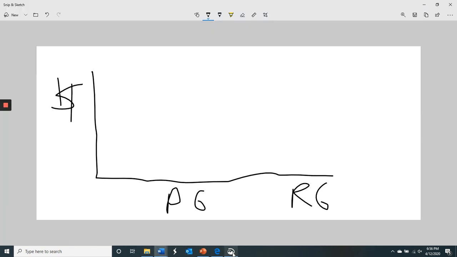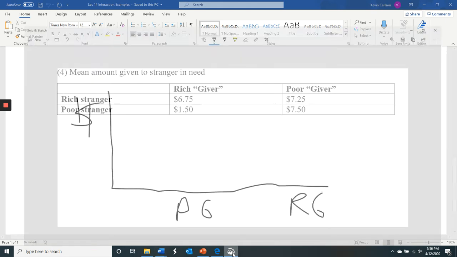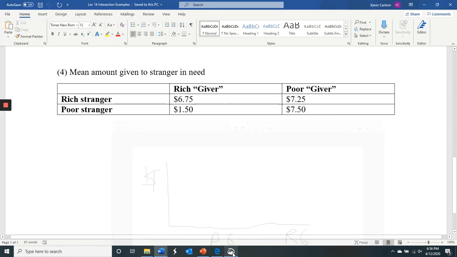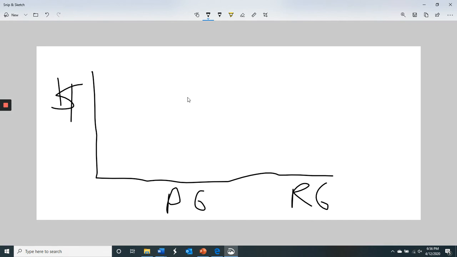And so let me get to my data. I need my stranger data, and it's right across there. So I'll do the poor stranger. So the rich giver is 150 and poor giver is 750. So this is 750 and this is 150. And that's for the poor stranger.